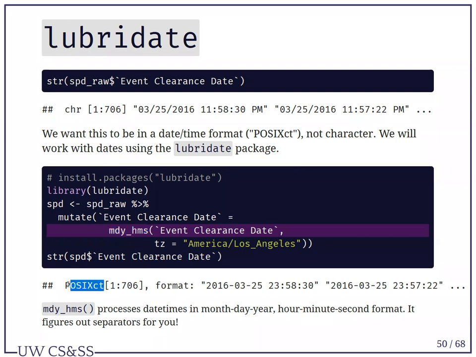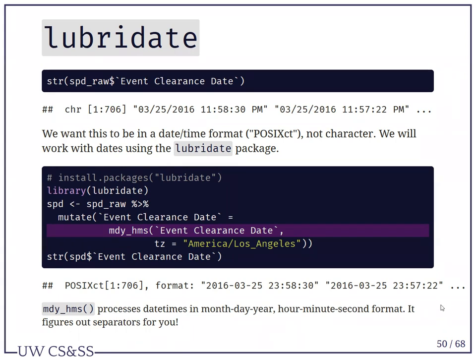So here, when we do structure, it's now in POSIX instead of in character. And you'll see that it's written in the order of slowest thing first. That's one of the main tells that we have a date. So slowest thing first being year, then month, then the day, then the hour, then the minute, then the seconds in that order. But it will figure out separators for you.